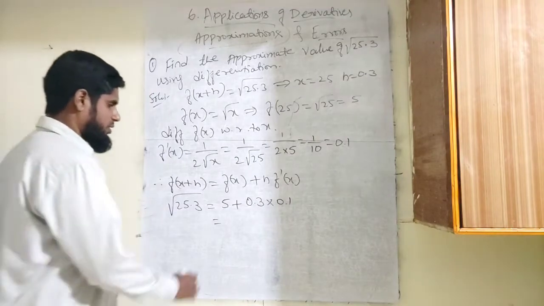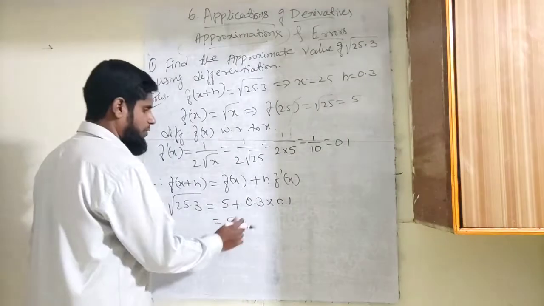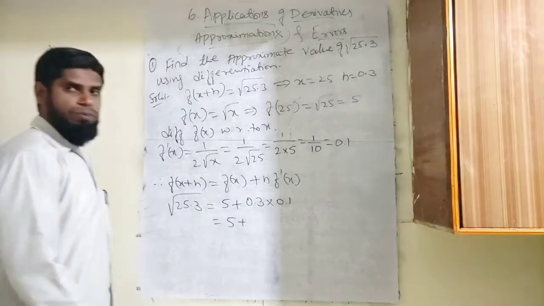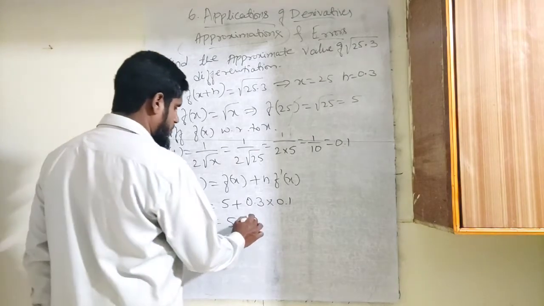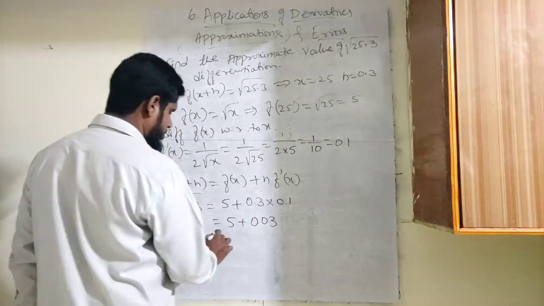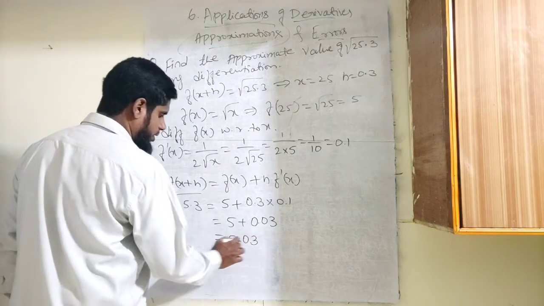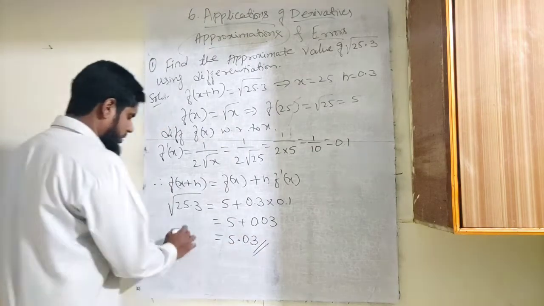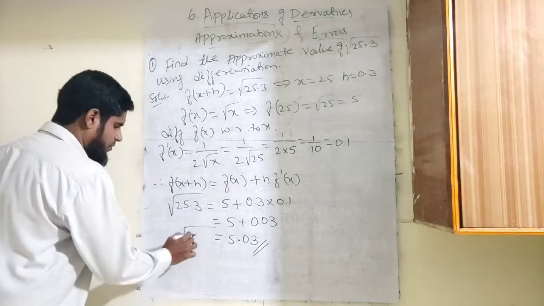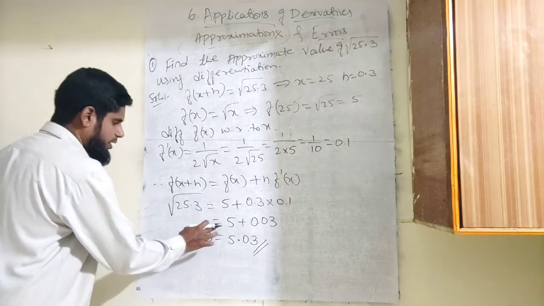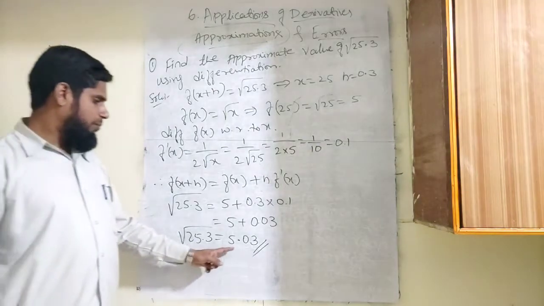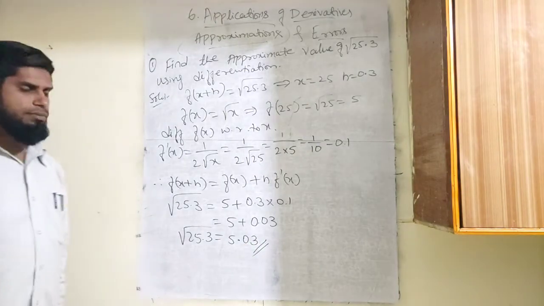So finally, it is 5 plus 0.3 into 0.1, which is 0.03. So the final answer is 5.03. So the approximate value of root 25.3 is equal to 5.03.